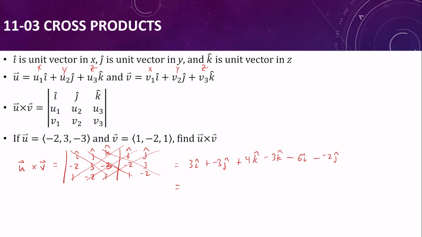If we collect like terms, we've got 3 and a negative 6, that's negative 3i. For j's, looks like I have negative 3 plus 2, which would be negative 1. And then for the k's, I have 4 minus 3 or plus 1 k. So translate to negative 3, negative 1, 1.